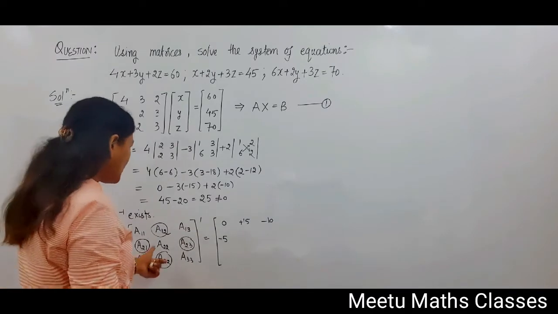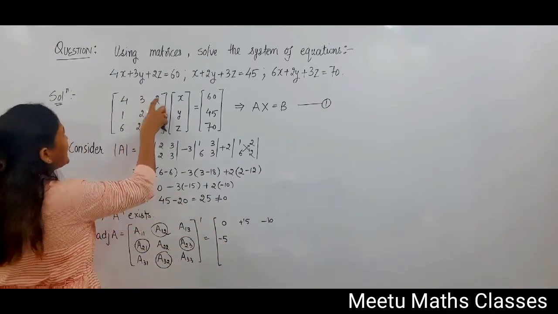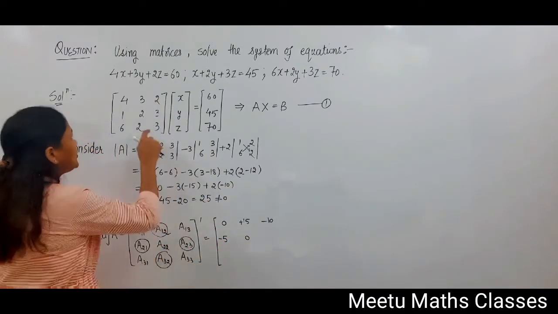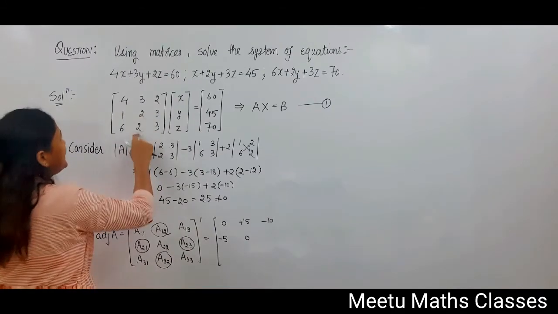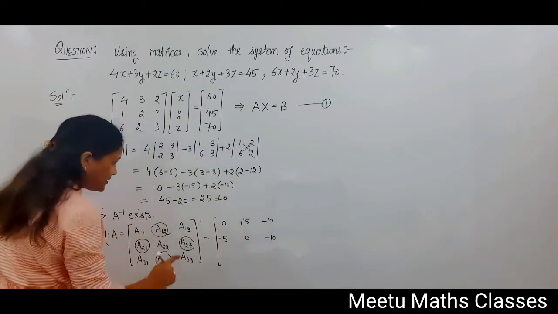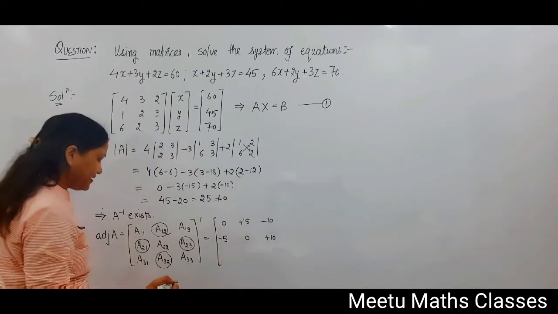Now the cofactor of A22 is 12 minus 12, that is 0. The cofactor of A23 is 8 minus 18, that is minus 10. Since the position is odd, we are going to multiply by a minus sign.